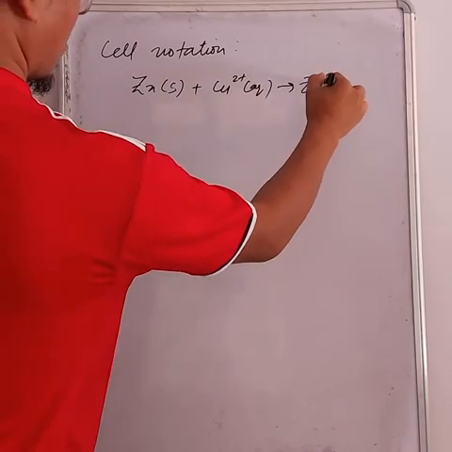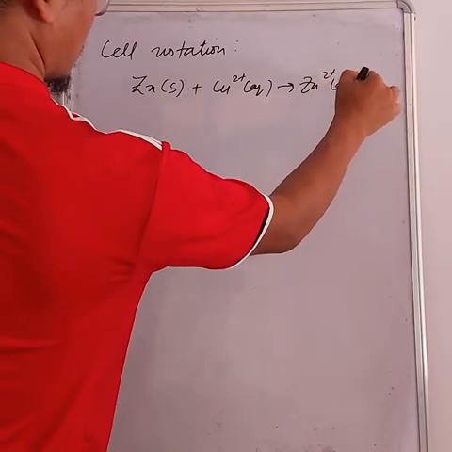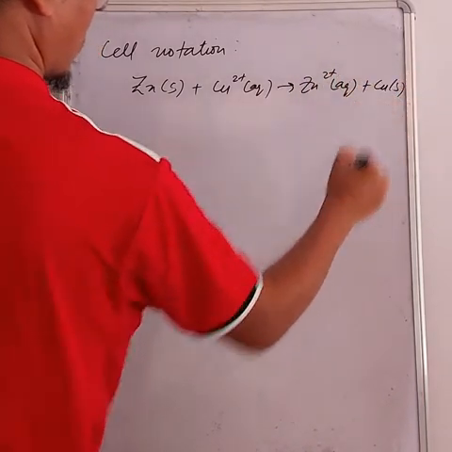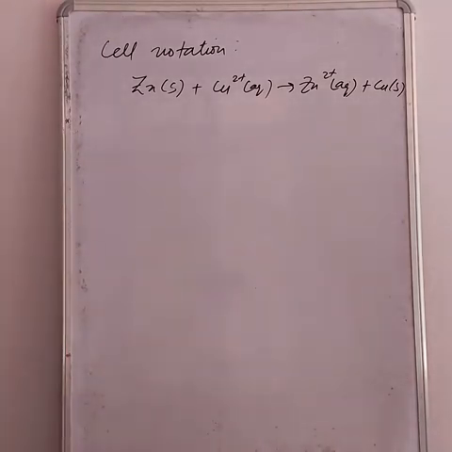How do we represent it in cell notation? By convention, we write the oxidation process, or the anode process, on the left side and the reduction process on the right-hand side.